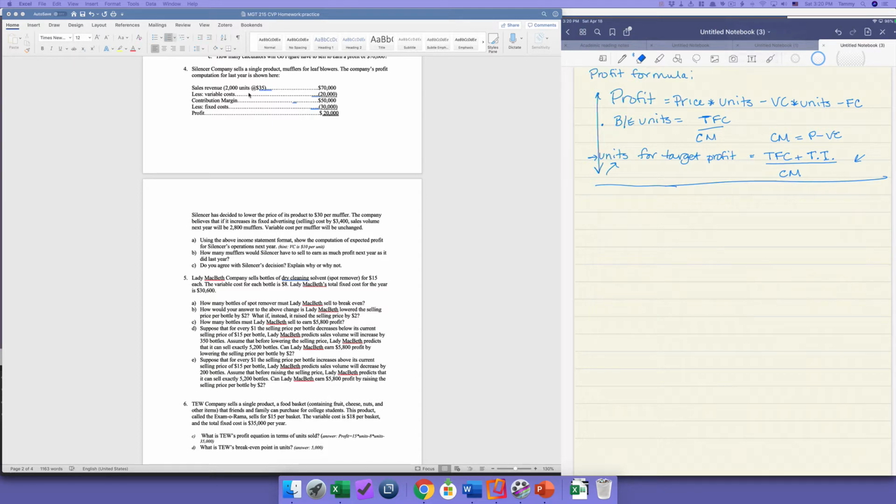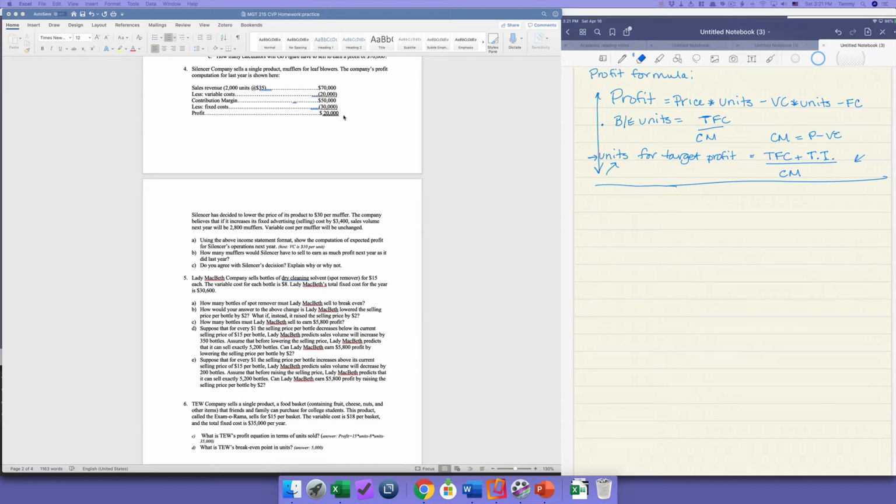So we have 2,000 units being sold at $35 a unit. That gives us $70,000 in revenue, and then our variable costs are $20,000, and that means that our variable cost per unit has to be $10. So our contribution margin is 50. Our fixed costs are 30, and our profit is going to be 20,000 then.